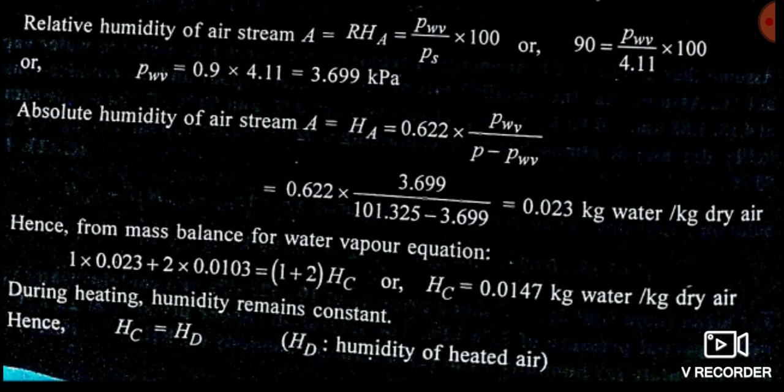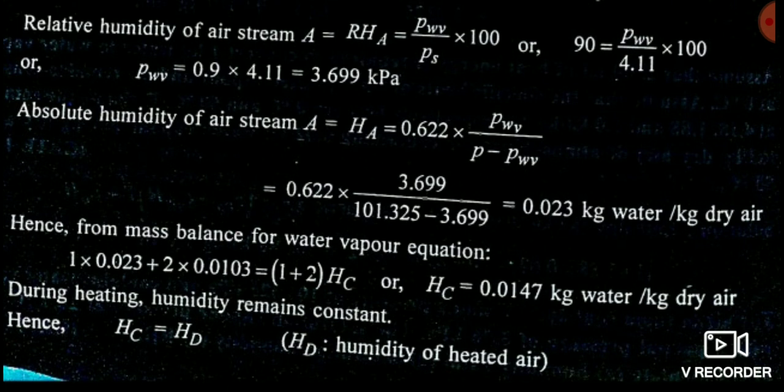Here, stream A and stream B are present at 30 degree, are mixed at 30 degree, and after that the mixture is heated to 60 degree. So we have to consider the saturation pressure at 30 degree, that is 4.11. So we will calculate the partial pressure of water vapor of stream A, that is 3.699 kilopascal.